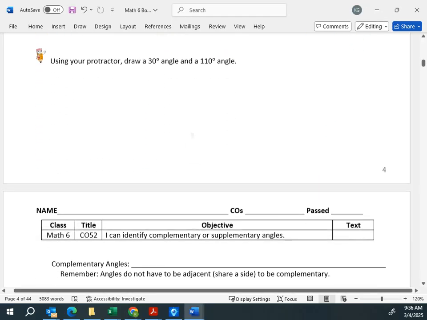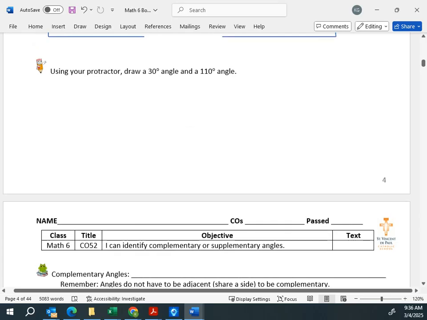it says using your protractor, draw a 30-degree angle and a 110-degree angle. Watch what we're going to do to draw an angle. The first thing I'm going to do is put my vertex, and I'm going to use that protractor as a ruler and draw a straight line.